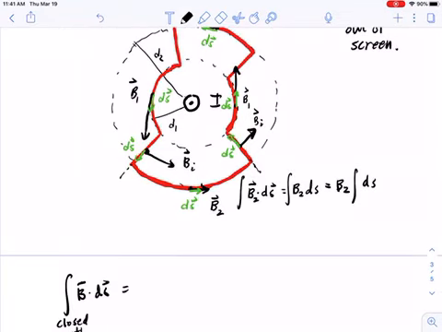I just have, let's say we labeled this as an angular displacement delta phi. So the length of this section is delta phi times the radius, and the radius is d2. So this becomes d2 times delta phi. So this is equal to B2 d2 delta phi.